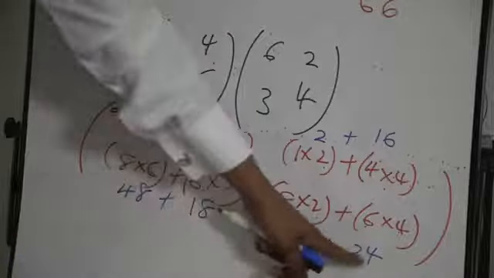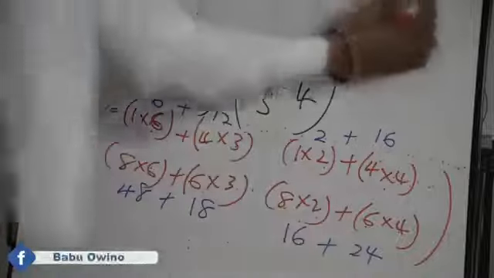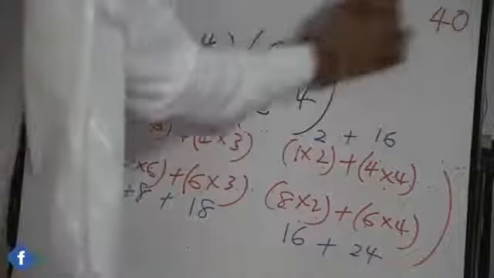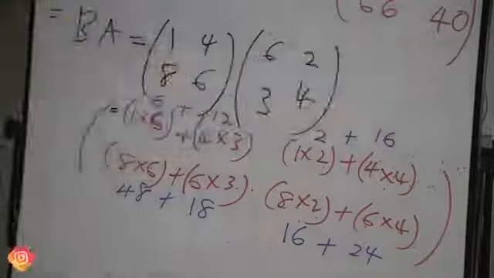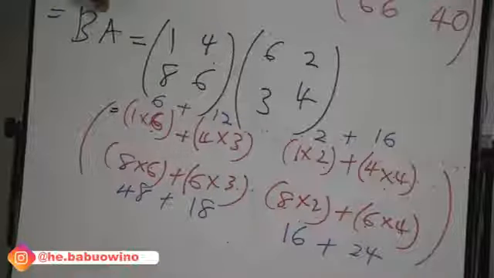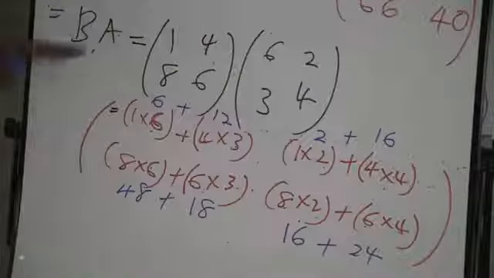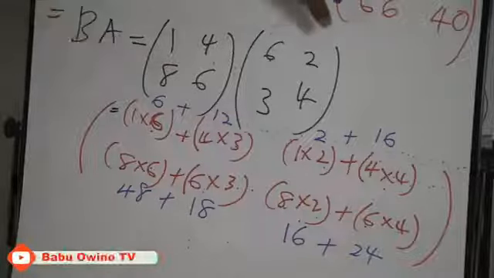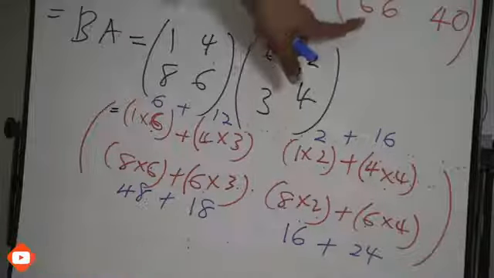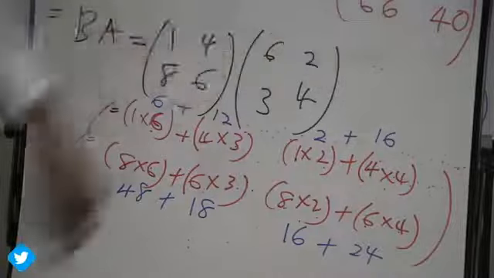Then 16 plus 24 is 40. So class, AB is equal to 22, 35, 36, 36, while BA is equal to 18, 66, 18, 40.